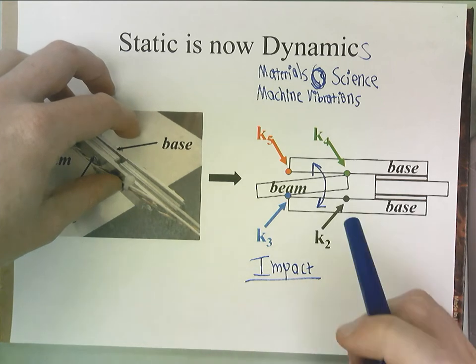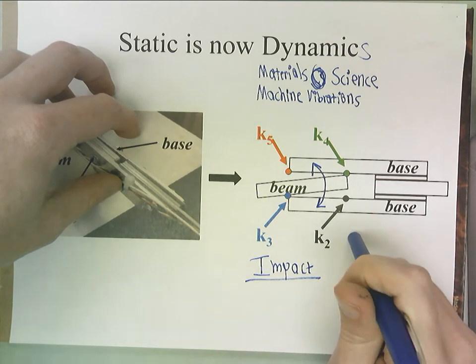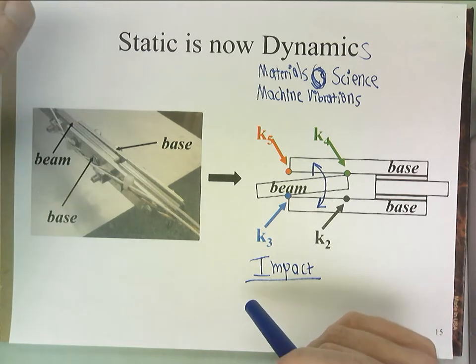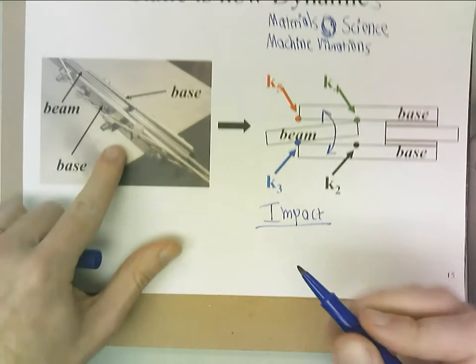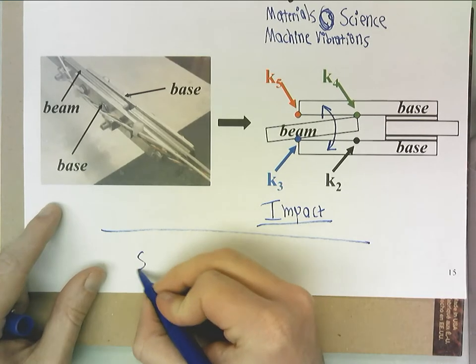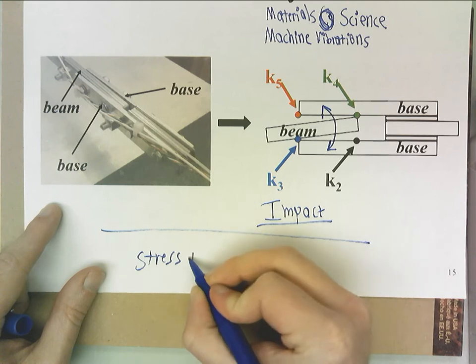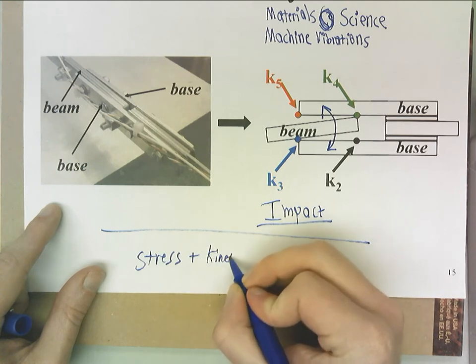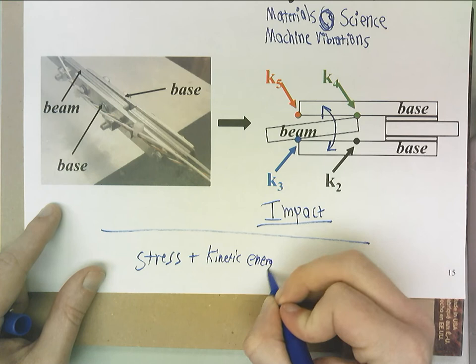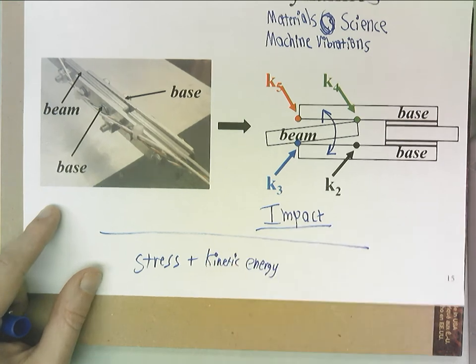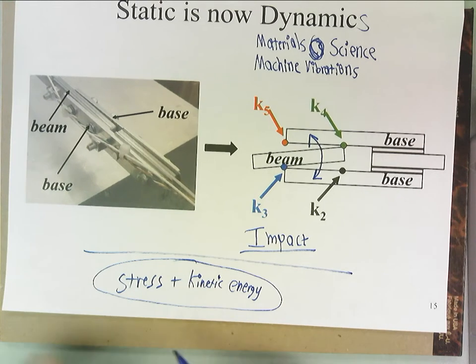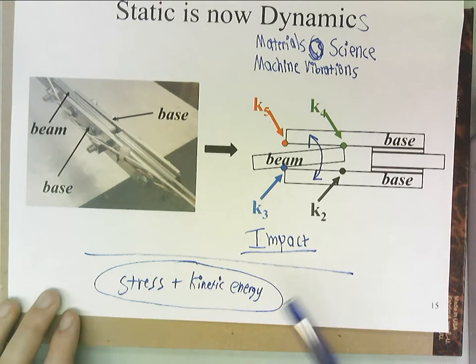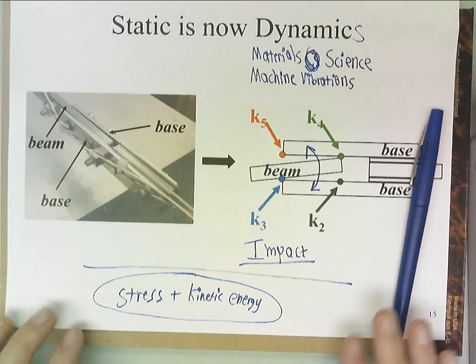Now we're also looking at situations where, well, what about things that we're analyzing as static? Now we're adding kinetic energy in addition to a normal stress. So anytime you take stress and you add kinetic energy, it becomes very problematic to analyze and often rapidly promotes materials failures.